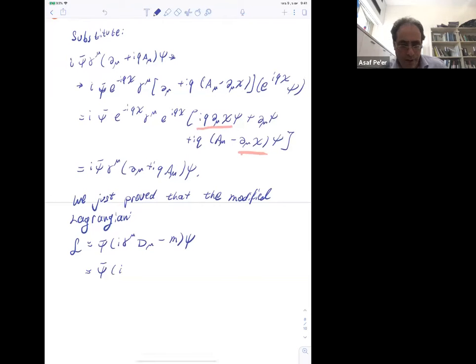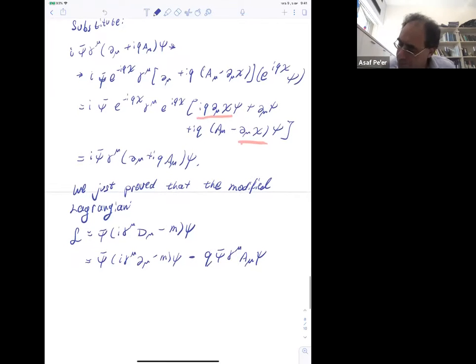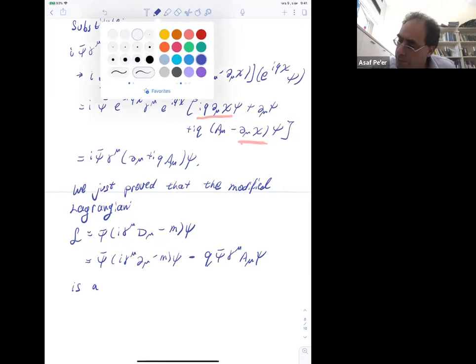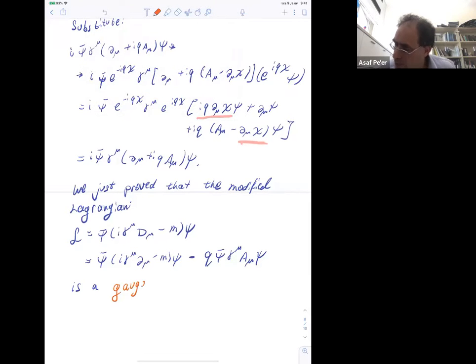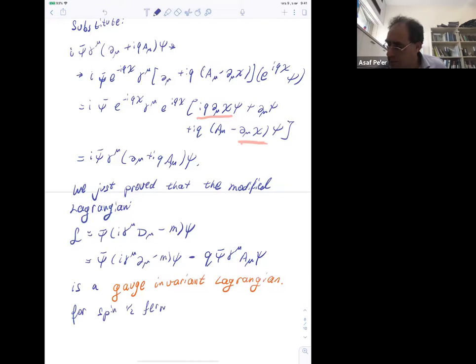Psi bar i gamma mu d mu minus m psi minus q psi bar gamma mu A mu psi, is a gauge invariant Lagrangian for spin-half fermions, of course, right, under local U(1) gauge transformation.